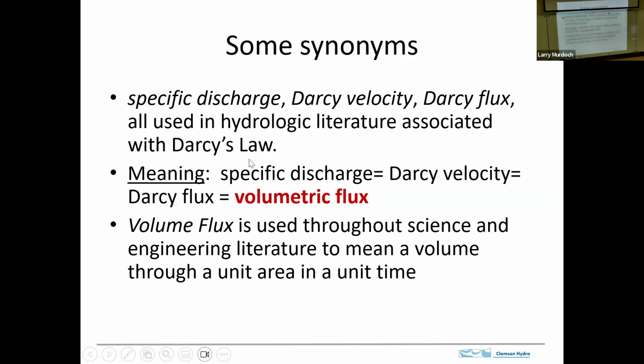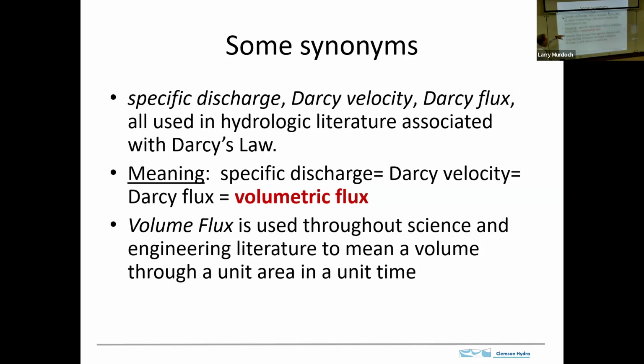Flux is a common term in physics, and there are many things that can flux. In general, a flux is something going through a unit area in a unit of time. So volumetric flux is the volume, mass flux would be mass, energy flux, and so on.